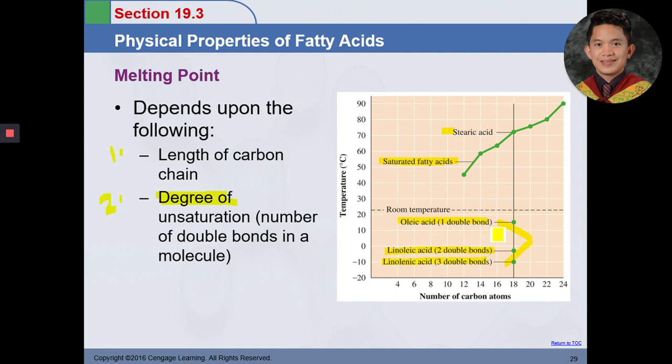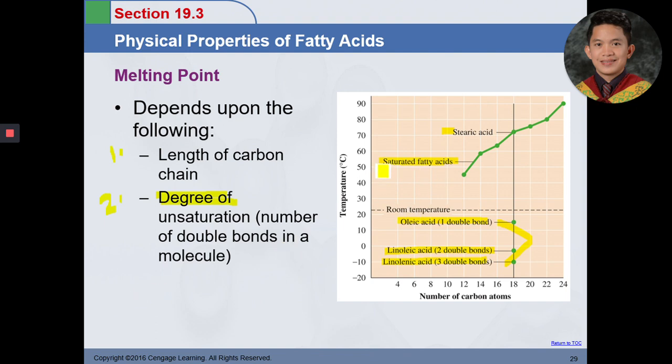Now, going to these three unsaturated fatty acids right here, the higher the degree of unsaturation, meaning the more number of double bonds, the lesser its melting point is. Okay? So again, in the case of unsaturated fatty acids, mas daghan ang double bonds, mas gamay ang iyahang melting points. So always remember that one.